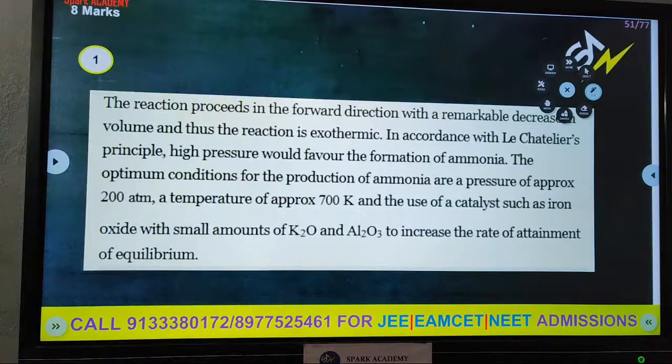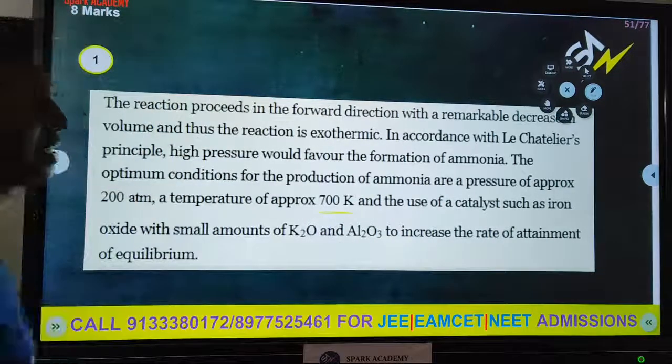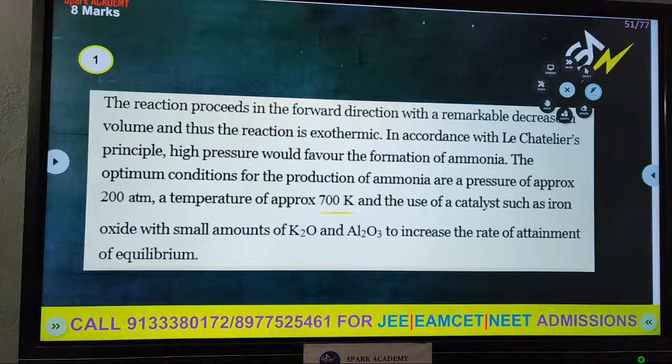Now the reaction proceeds in the forward direction with a remarkable decrease in volume, and thus the reaction is exothermic, in accordance with Le Chatelier's principle, because Le Chatelier explained the process of the ammonia manufacture. So temperature is approximately how much? 700 Kelvin. So the catalyst is iron.